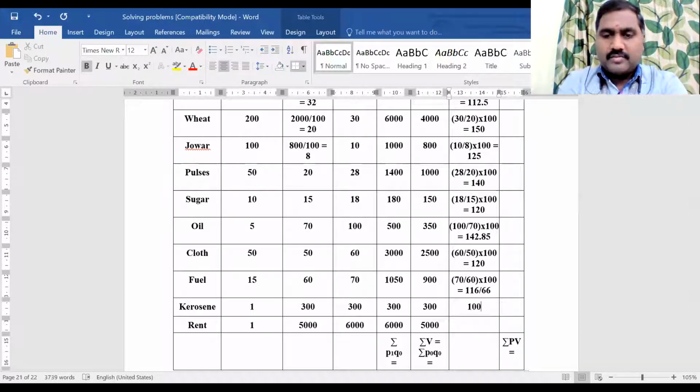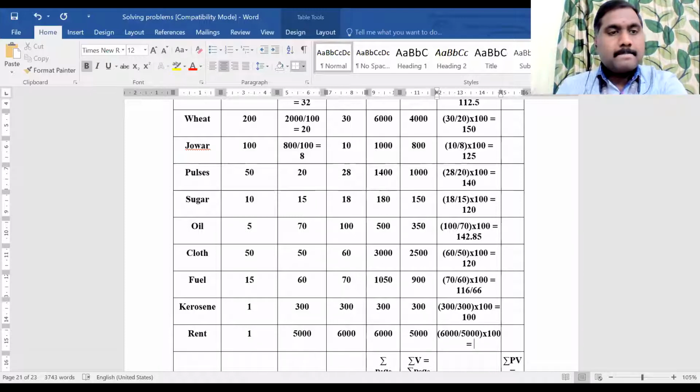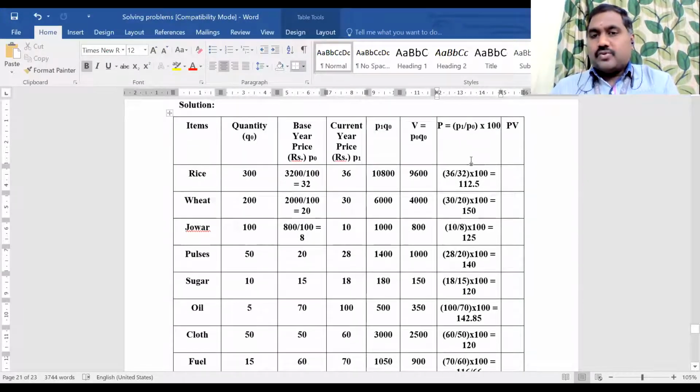Okay, that's not a problem. I will write that simplification so that these people will understand what you mentioned. Okay, now the next one is 6,000 divided by 5,000 into 100, which is equal to 120. Very good. So we got the P value also, capital P.